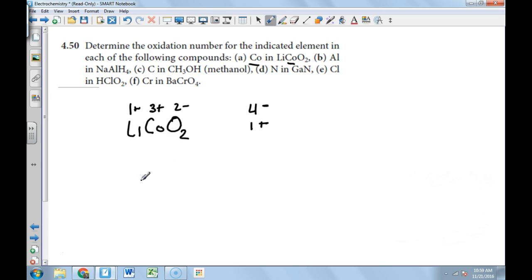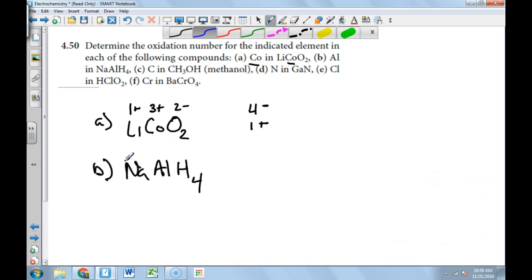Well, now we do the same thing. So for part B, okay, we have sodium aluminum hydride. That's weird to see, but that's fine. Okay, sodium now is a 1+. And then hydrogen.